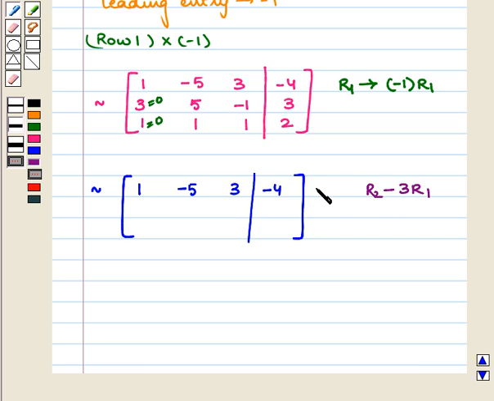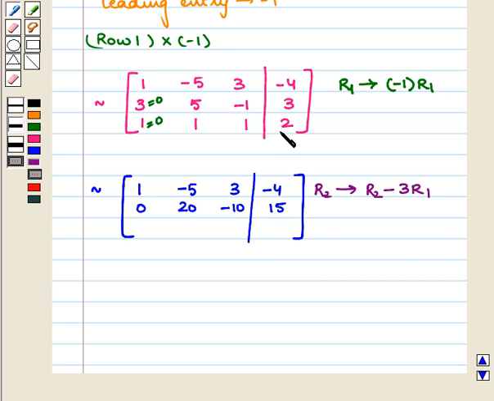So we have the row operation R2 goes to R2 minus 3 R1, and our second row now becomes 0, 20, minus 10 and 15.